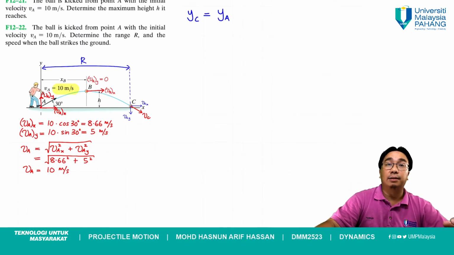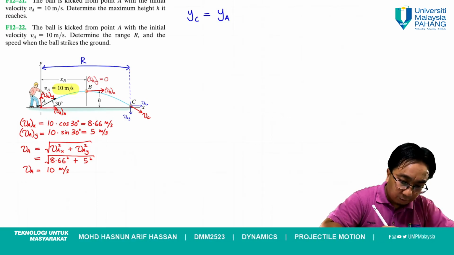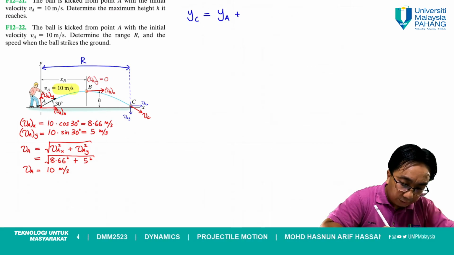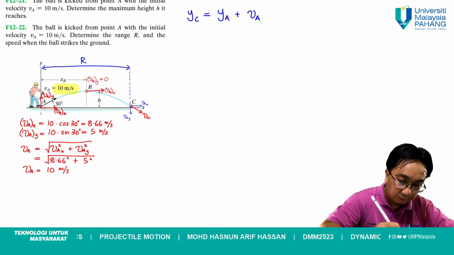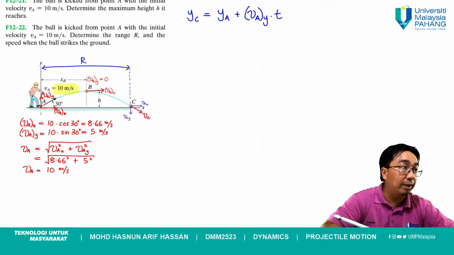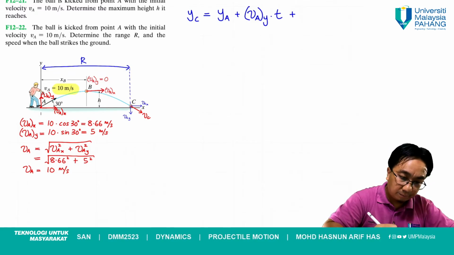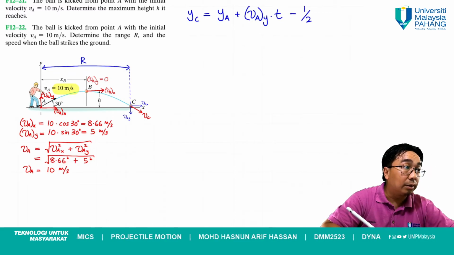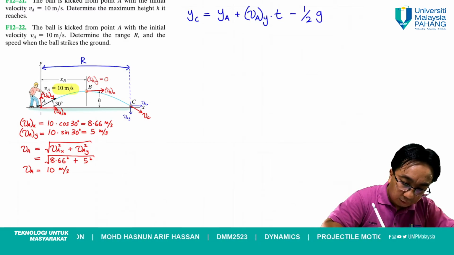Okay, so yc is the y naught tu ialah y pada point A, dan we have v naught t, so is equal to vay. v naught t is A dalam case ni ialah vay times t. Okay, vay times t, and then minus 1 over 2 g times t square.